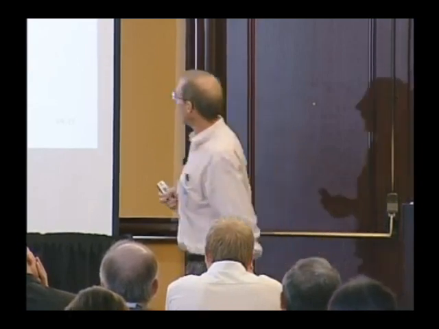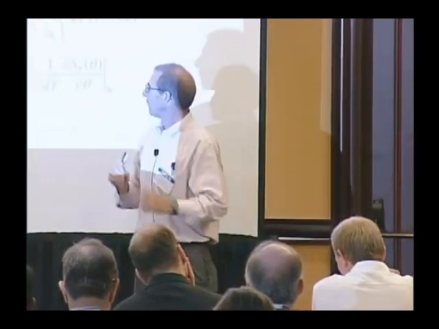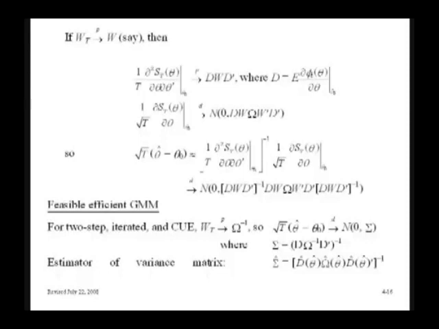The approximation works by the objective function getting tight and being approximately quadratic. If it's approximately quadratic and tight, centered around the true value, then we're going to have an approximately normal asymptotic distribution, and that's the essence of the standard GMM derivation. You just work out what those terms are, and you get the usual thing.